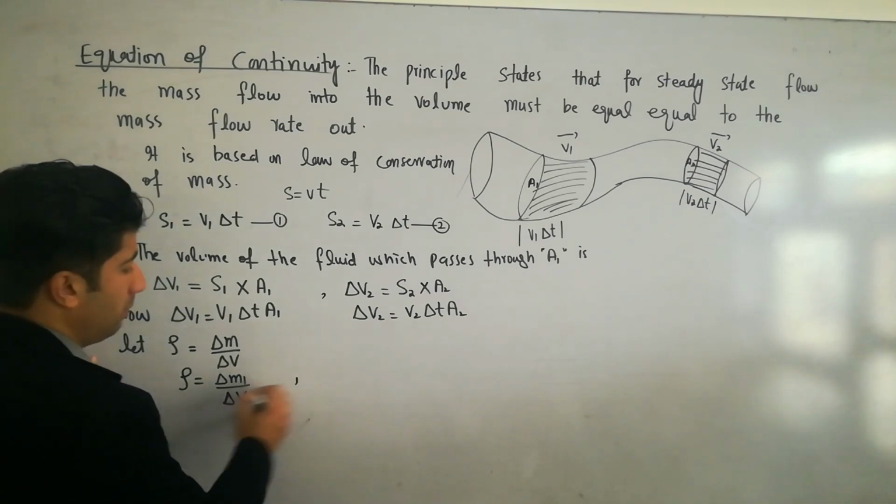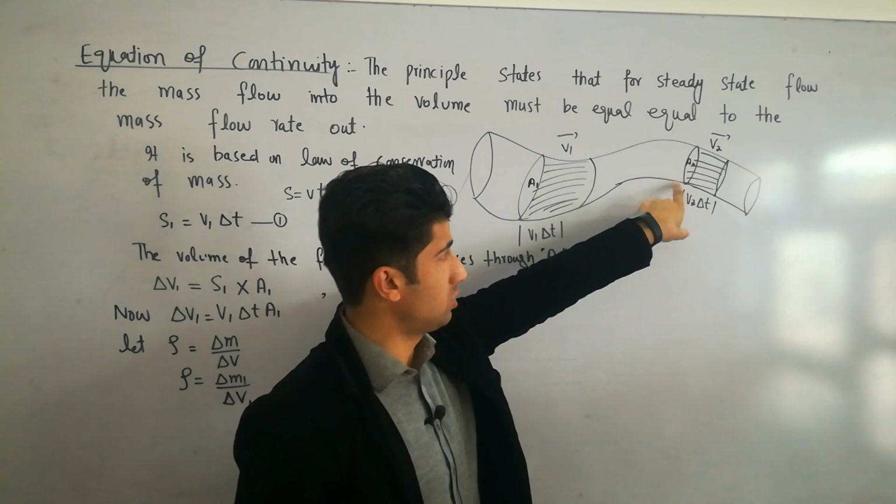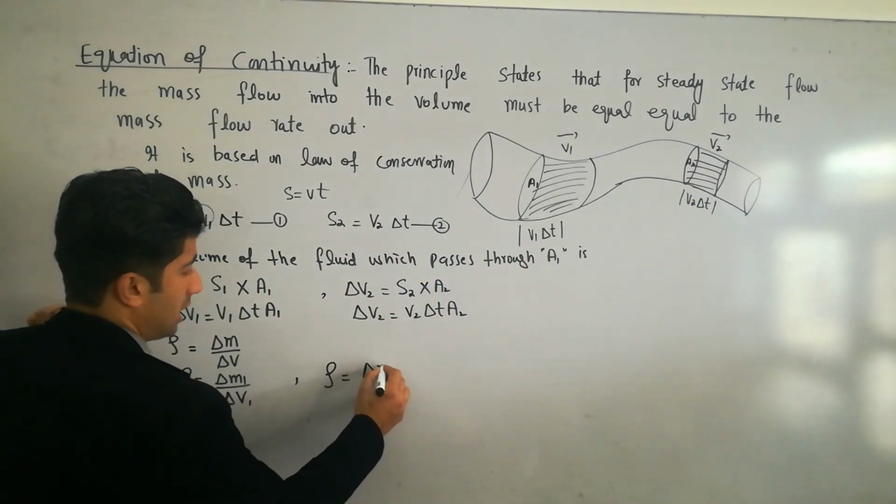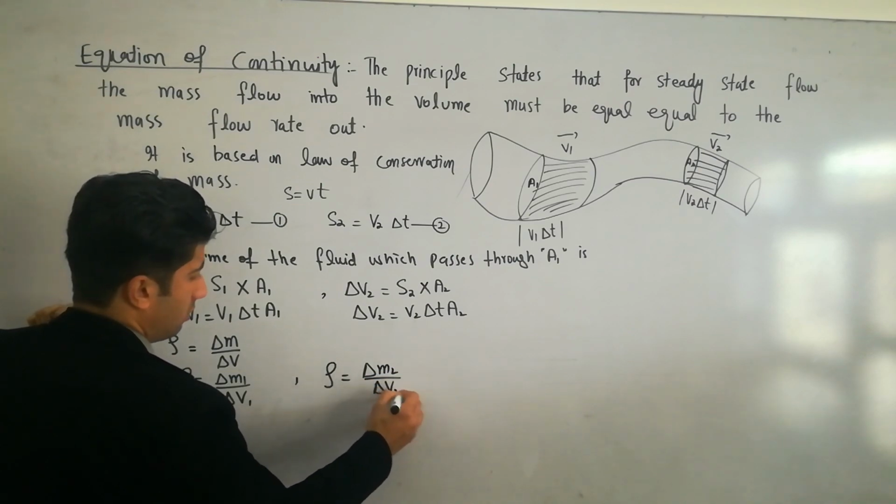Clear? And the density of the fluid which passes through area A2 is rho equal to delta M2 divided by delta V2.